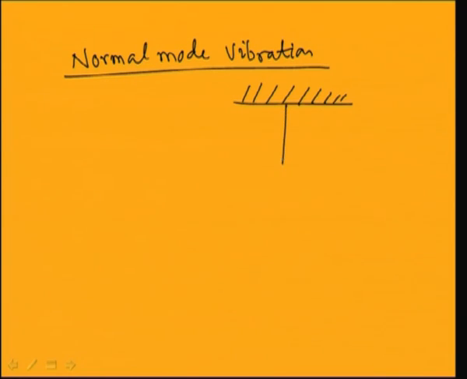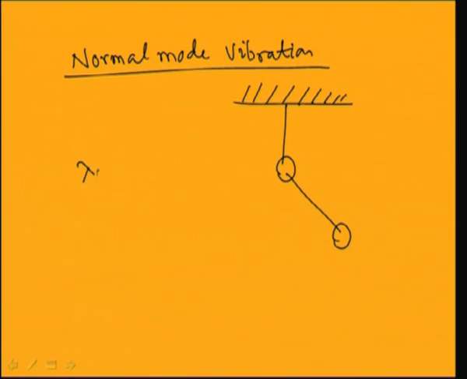In case of the double pendulum, we derived the equation of motion using the Lagrange principle, and from that we found the normal modes of the system. We found two normal mode vibrations.